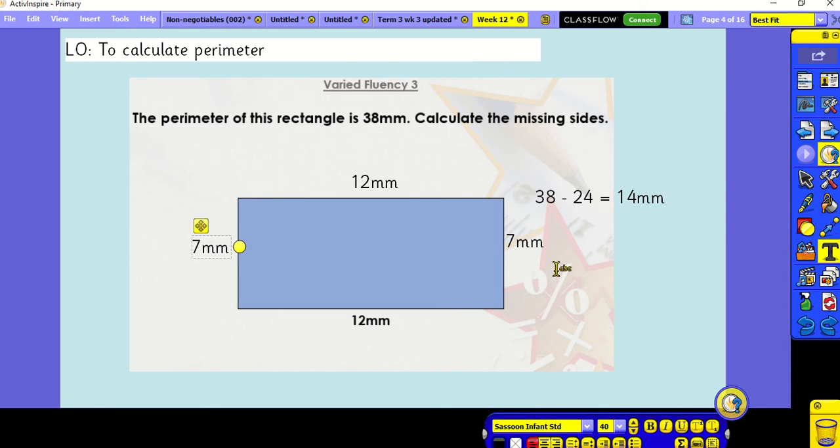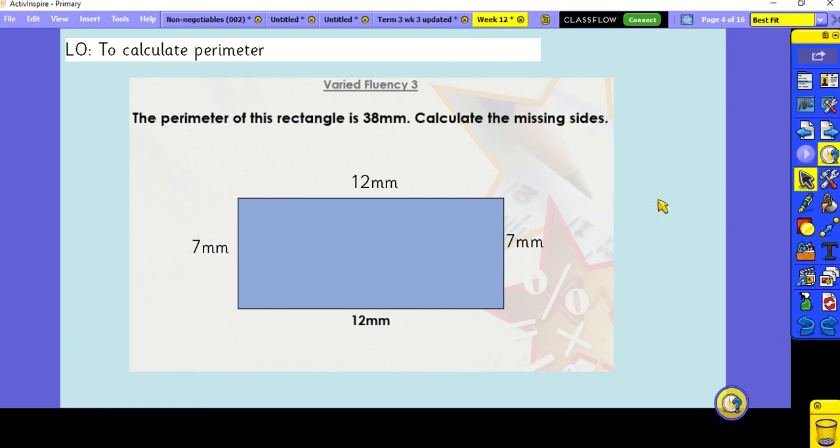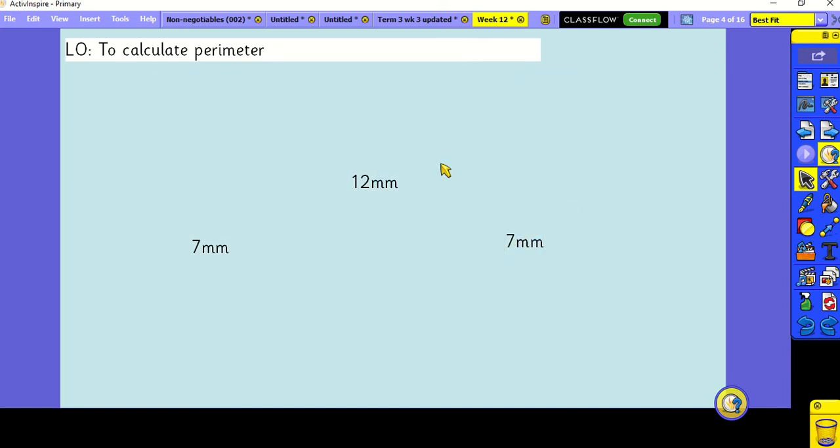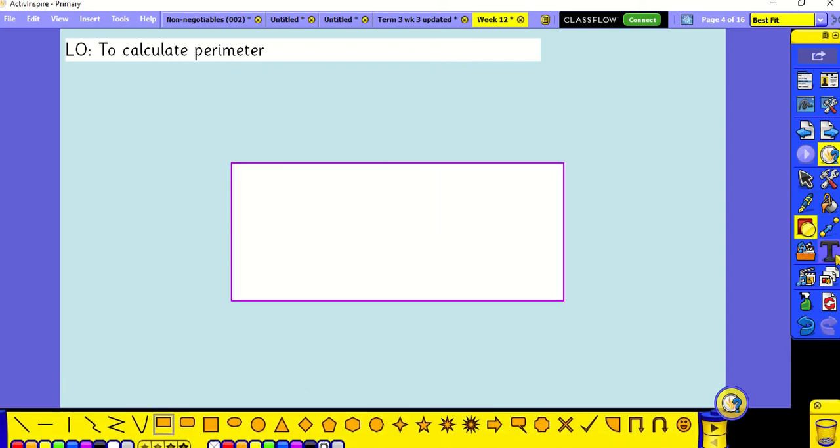Okay, let's do one more like that because that's quite tricky. Okay, I'm going to make another rectangle here. This one is your turn now. So your turn. Here is my rectangle.